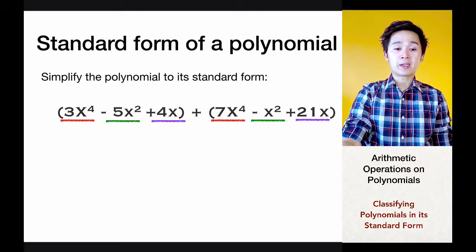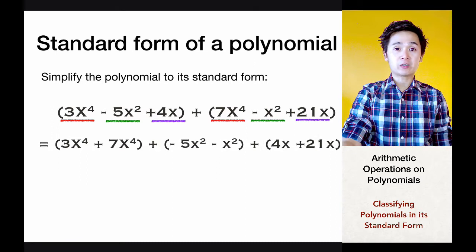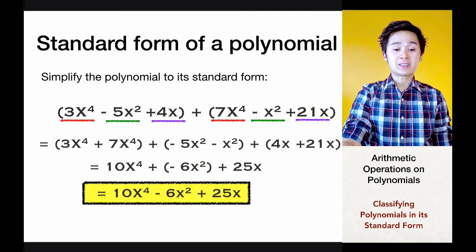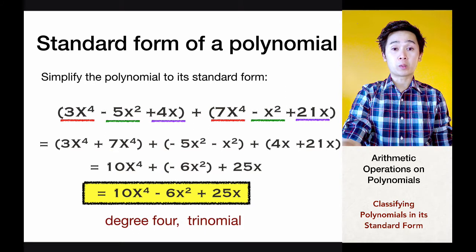If we combine these, we'll produce a trinomial, which is going to be 10x to the fourth minus 6x squared plus 25x. So this is how we standardize a polynomial by combining like terms. In this particular case, this is a 4th degree trinomial or degree 4 trinomial.